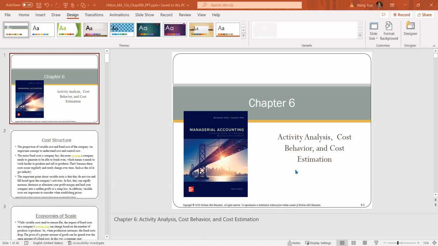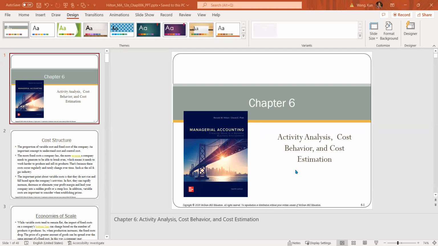But in reality these days, the production process, or even in service companies, the production or service generation has become more complex. There are many more cost drivers that can trigger the overhead or indirect cost, more than direct labor hours or machine hours.